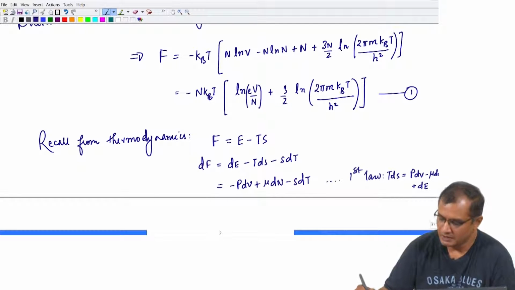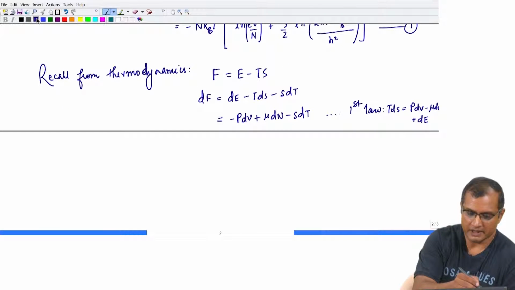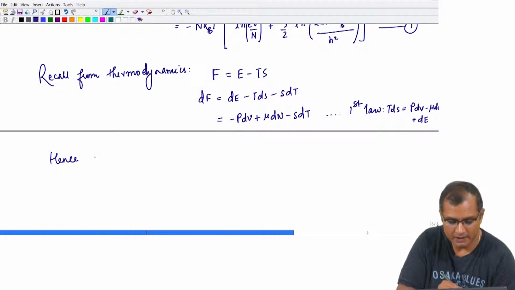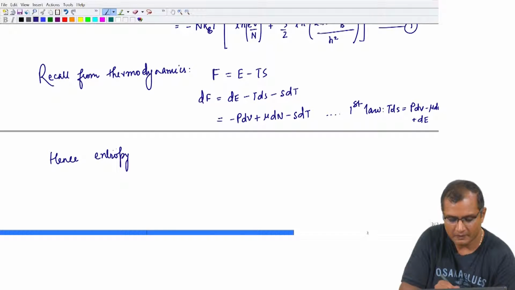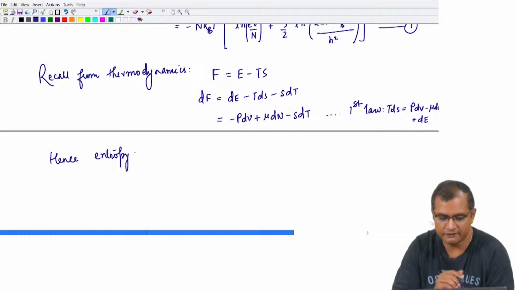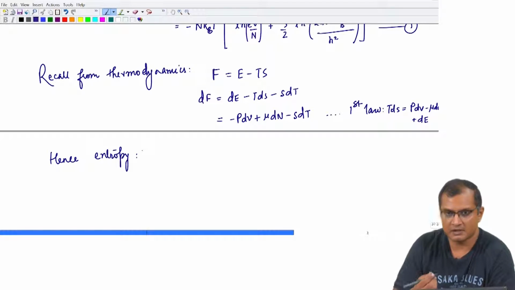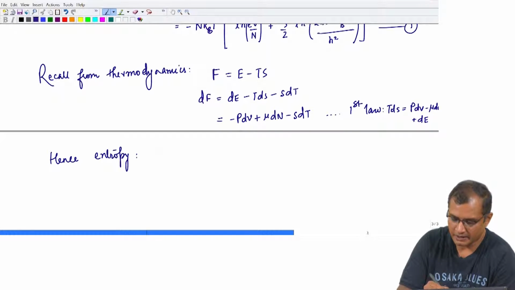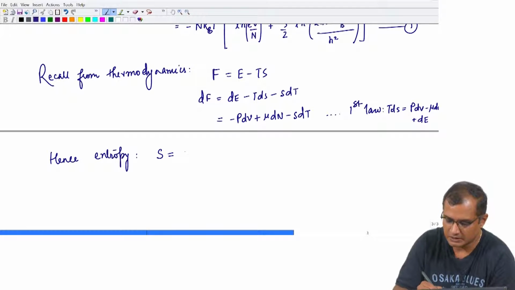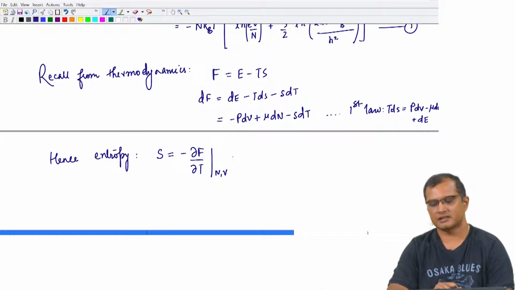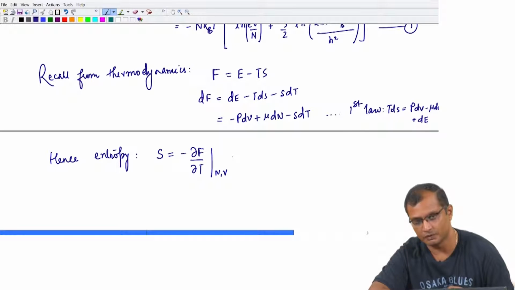Now, I can use this to get an expression for entropy. So, the entropy here is nothing but the partial derivative of free energy with respect to temperature at constant N and V conditions. So, my entropy is nothing but minus dF over dT at constant number of particles and constant volume.